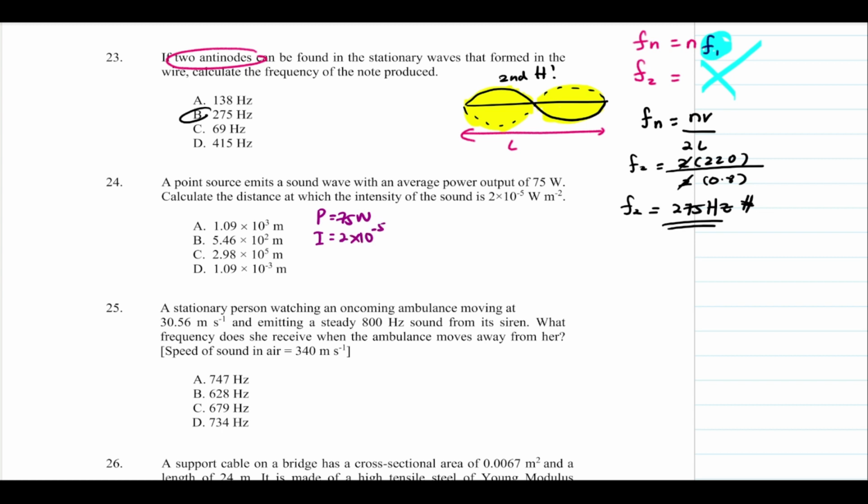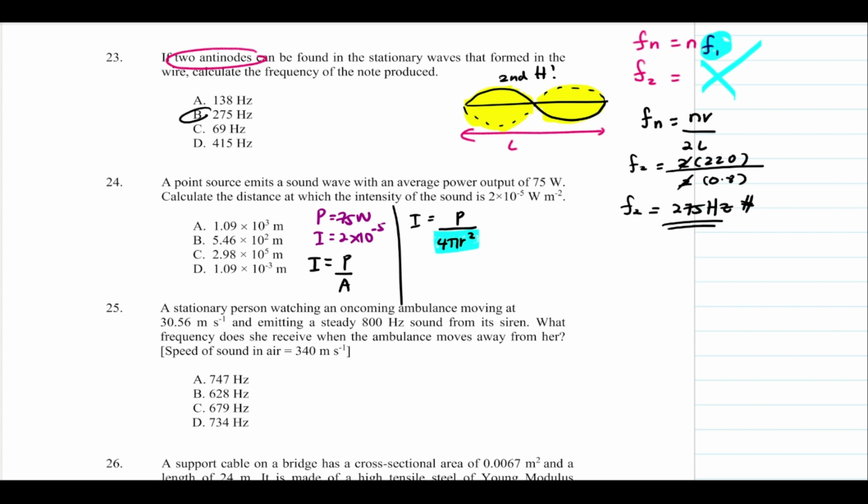So now I want to find R, the distance from the source of the sound. So now let's calculate R by using equation of intensity equal to power over A. Dan jangan lupa A is the area for the sphere. Tolong jangan silap. A adalah 4 pi R squared. Bukan pi R squared. 4 pi R squared.